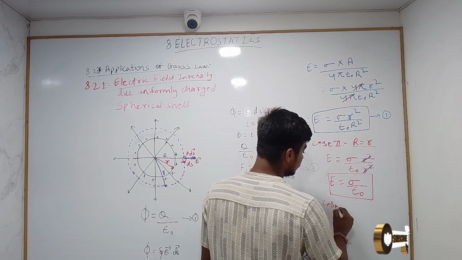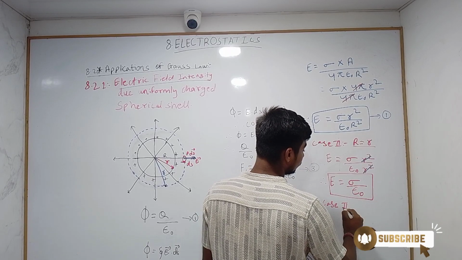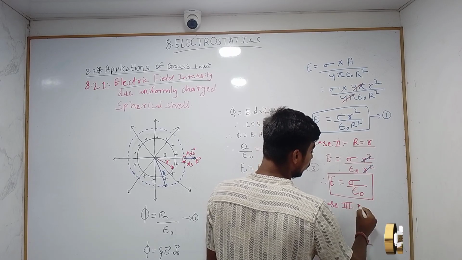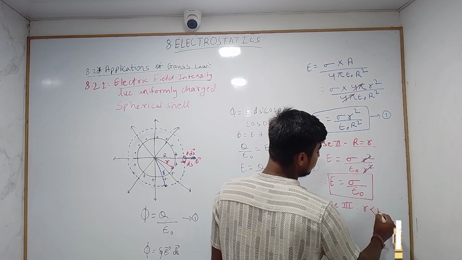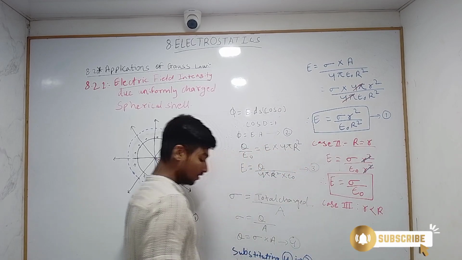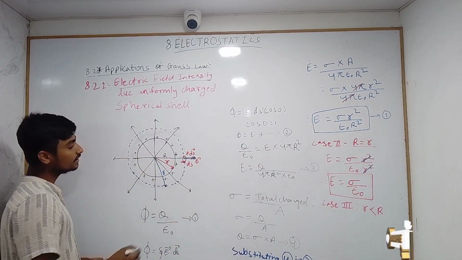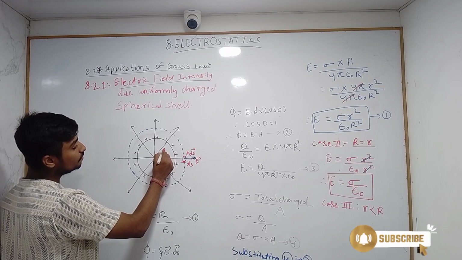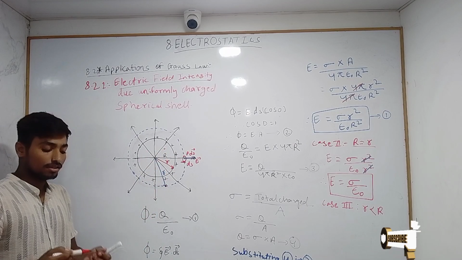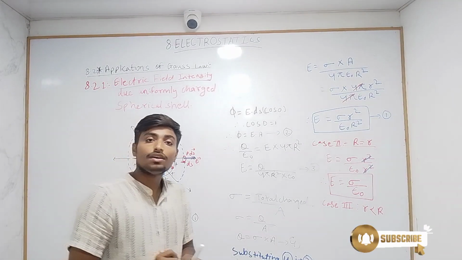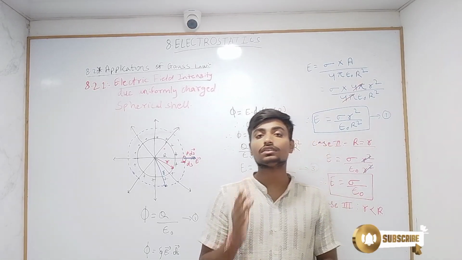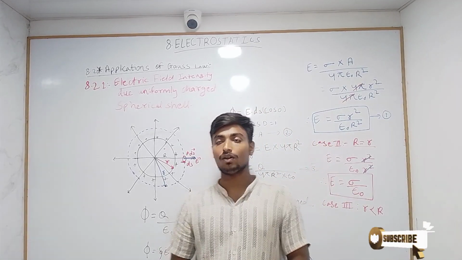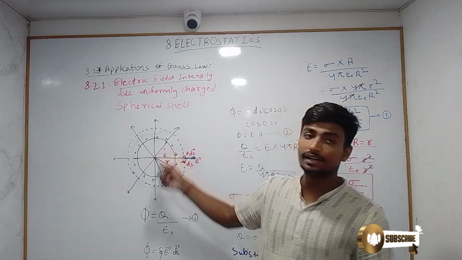Then the case 3 is, suppose our small r is less than the r. So for case 3, let's imagine the point is somewhere here. As we know, the property of charge, that charge exists only on the surface of any object and not inside the object.